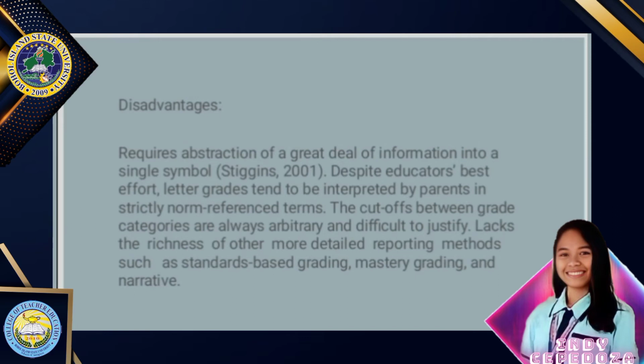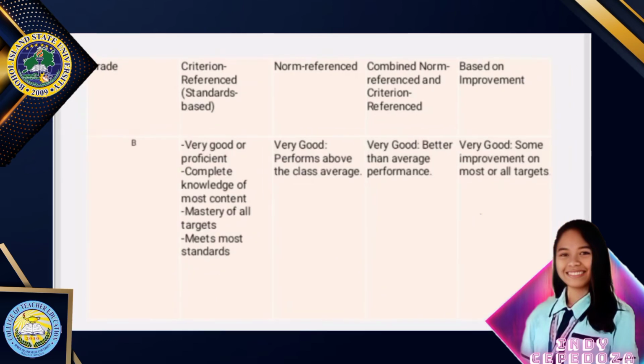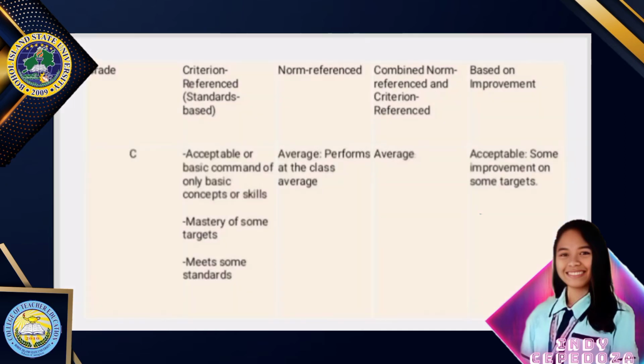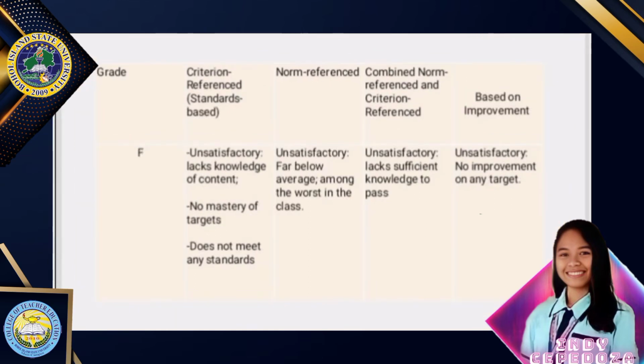It lacks the richness of other more detailed reporting methods such as standards-based grading, mastery grading, and narrative. Different interpretations of letter grades: the criterion reference or standards-based, based on norm reference, combined norm reference and criterion reference, and based on improvement.